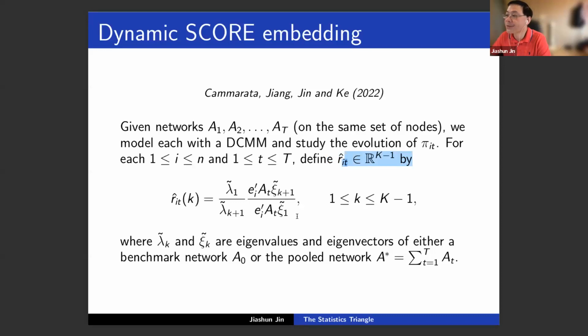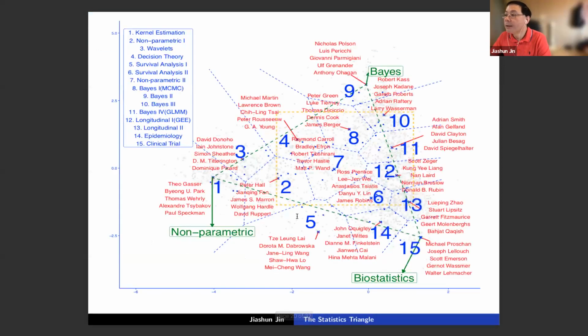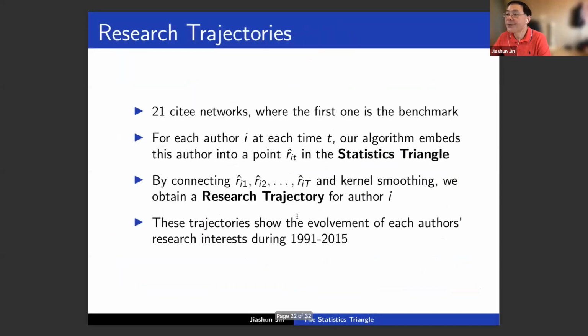You align this way. After you align this, you collect them. It's a little bit jumpy, so you have a kernel smoothing applied to it. You collect all these 21 points, and then that is the research trajectory for Jianqing Fan.